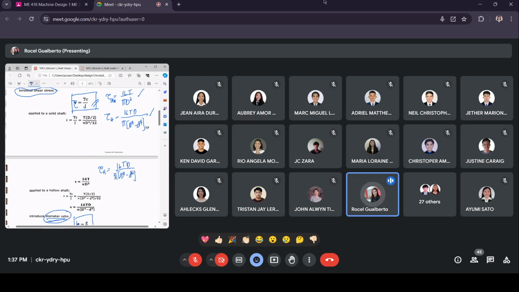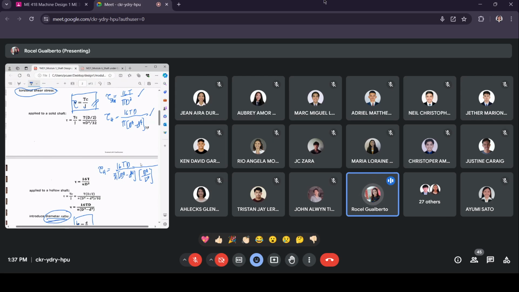To introduce the diameter ratio, the denominator is to be multiplied by D to the fourth over D to the fourth. Look at the multiplier: this is simply equal to 1. If this is equal to 1, it will not affect the value, because any number multiplied by 1 equals the same number.